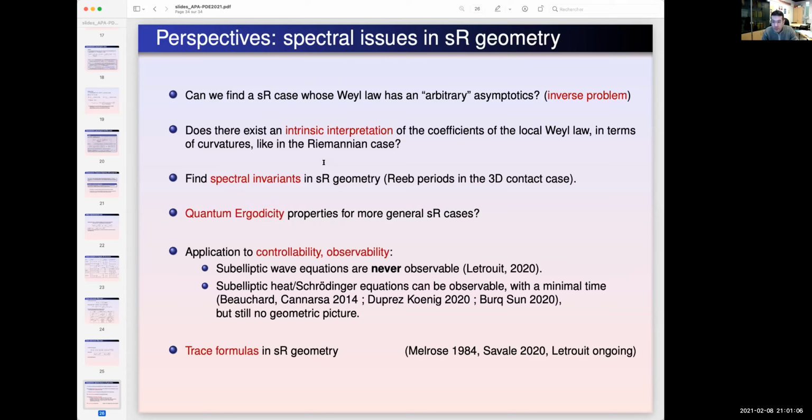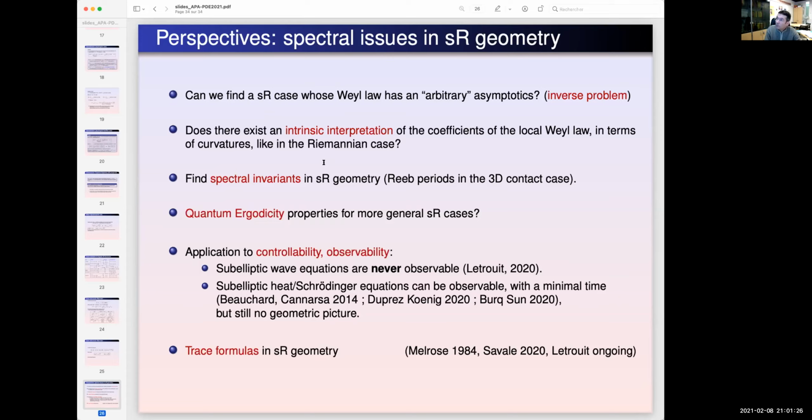This very striking result was proved by Bardos, Lebeau, and Rauch at the beginning of the 90s, and it is very well known. But until now, we do not have such a beautiful result in the subRiemannian context.